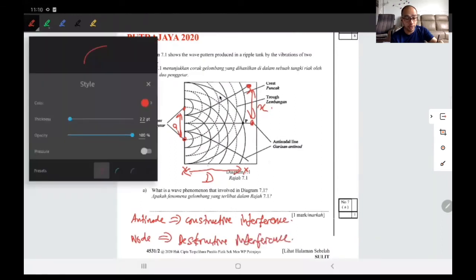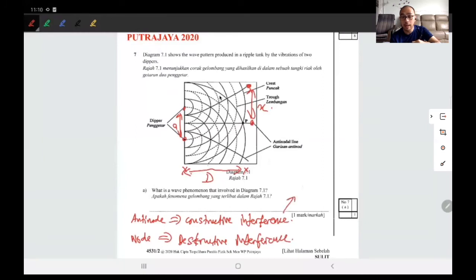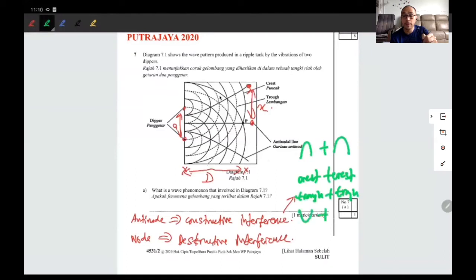Constructive interference is crest plus crest or trough plus trough. That's constructive interference. It will become twice as big. Destructive interference is crest plus trough. Then it will become 0, flat. So all these dotted lines are destructive interference. That's interference in a nutshell.